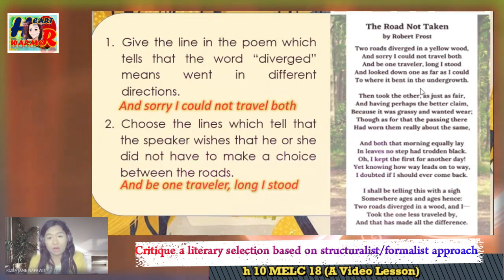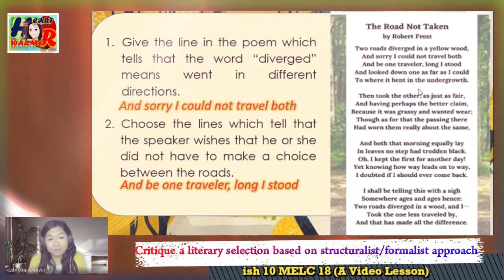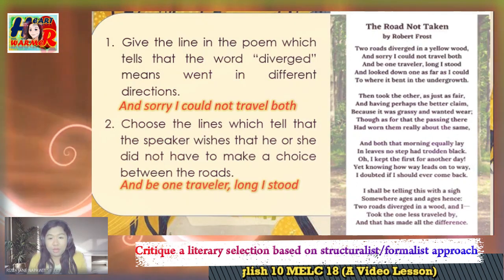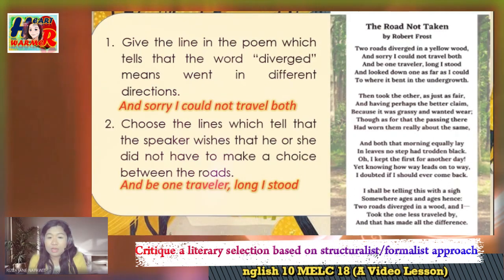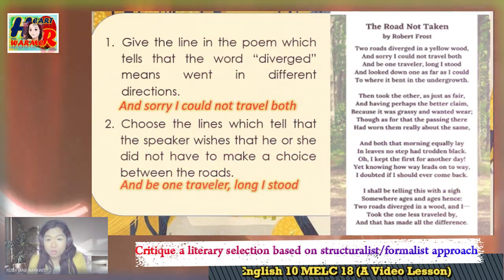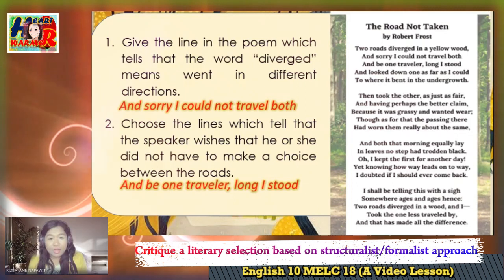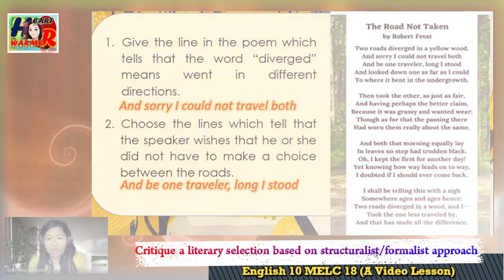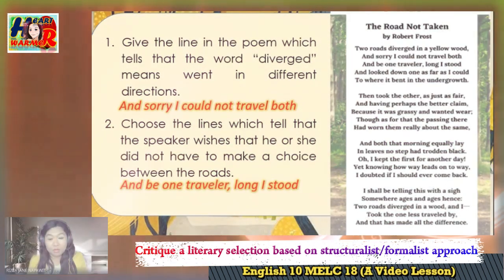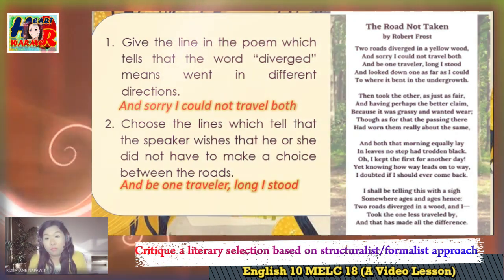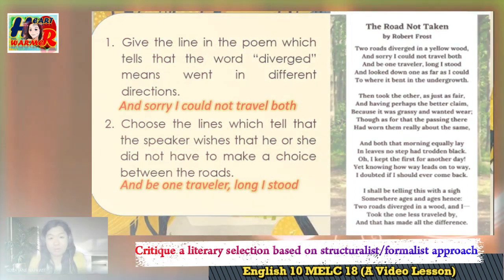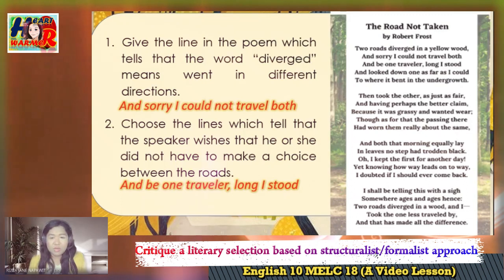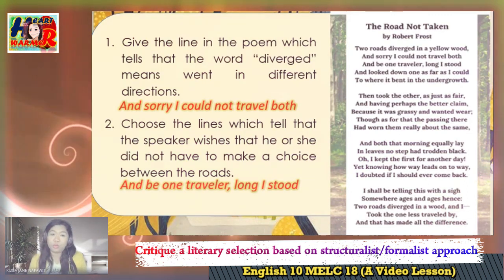That's why he stood there for some period of time. And in the second stanza, it tells us also that "Then took the other as just as fair, and having perhaps the better claim." So somehow, the one speaking in the poem is thinking that perhaps the other one is a better claim. So somehow he wished there were no two roads to choose from.